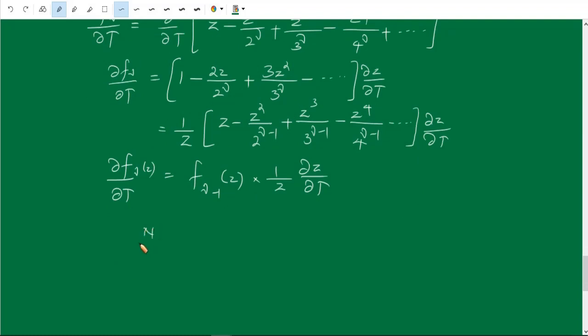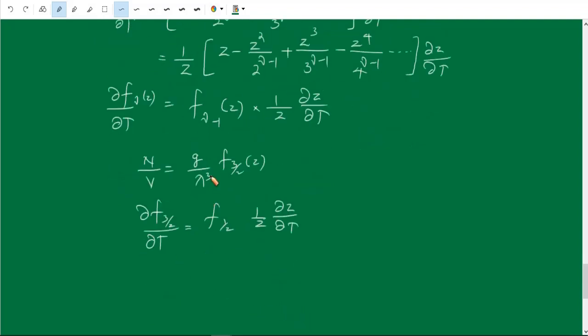So we have n/v is equal to g/λ³ f_(3/2)(z). Using this expression we have ∂f_(3/2)/∂t is equal to f_(1/2) into (1/z) ∂z/∂t.